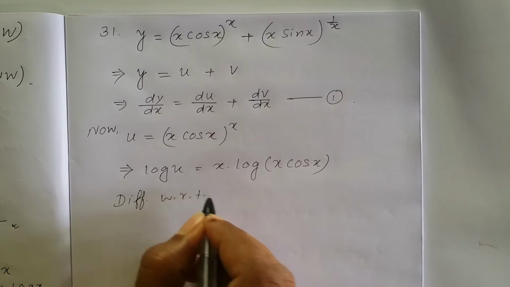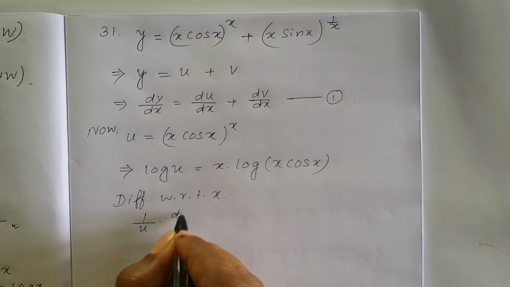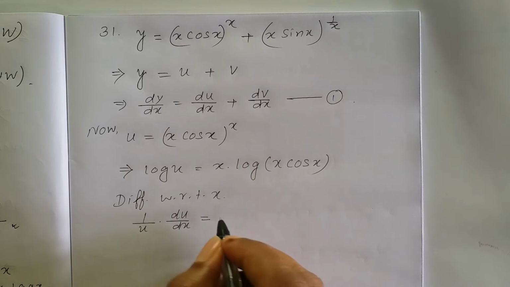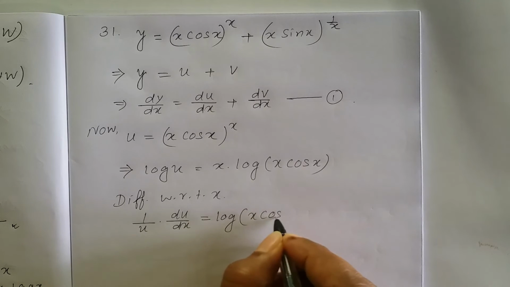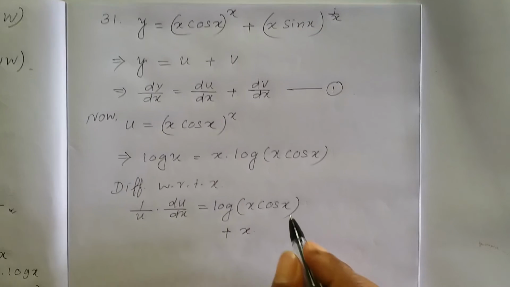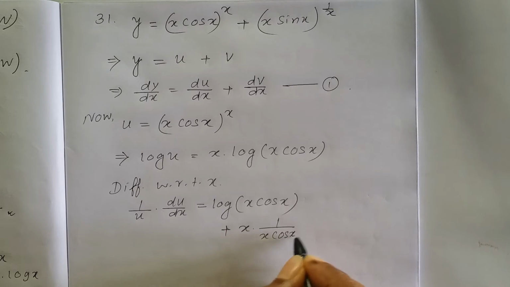With respect to x, the left hand side is 1 by u into du dx, which is equal to the derivative of x cos x. The derivative of x is 1, so log of x cos x stays the same, plus the derivative of x is 1 and cos x remains the same; then the log function derivative is 1 by x cos x into the derivative of x cos x.